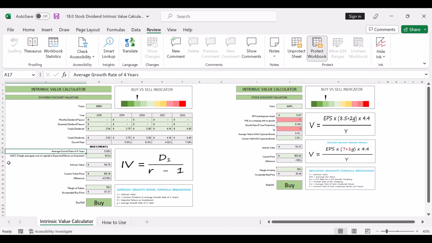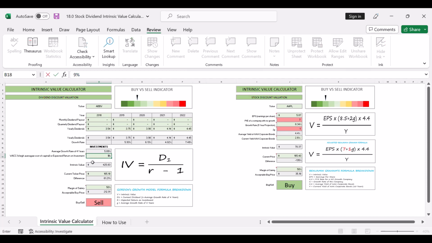So here in this box is your return on investment. What percentage do you want? 10%, 9%, or you can use the WACC, the weighted average cost of capital, which is running about 7%. But with this formula, you would like the weighted average cost to be higher than the average growth rate, because otherwise it will mess up the formula.